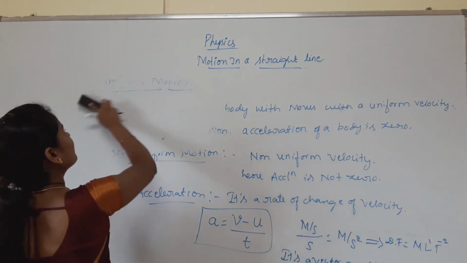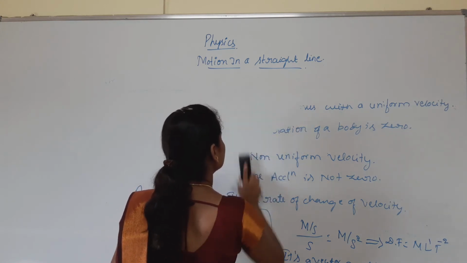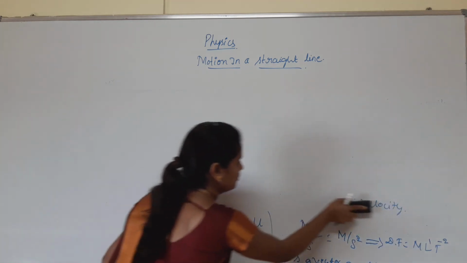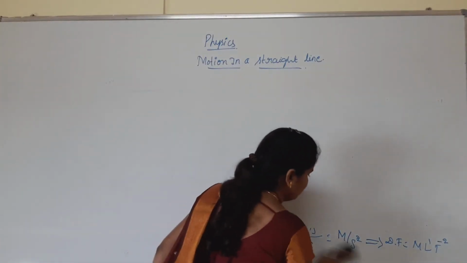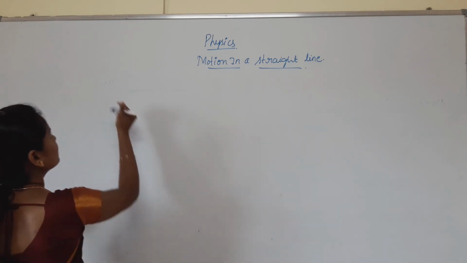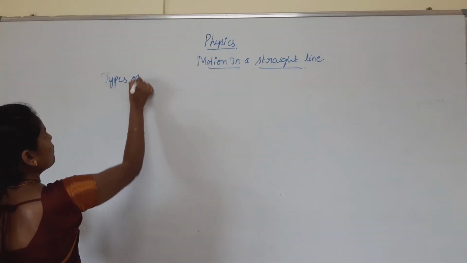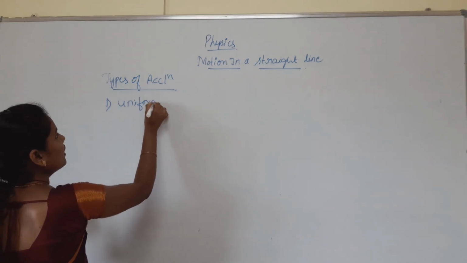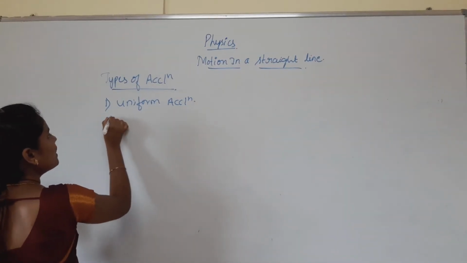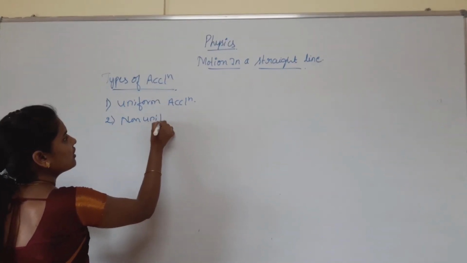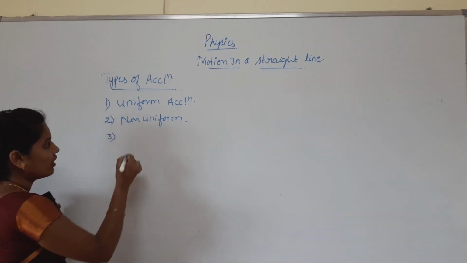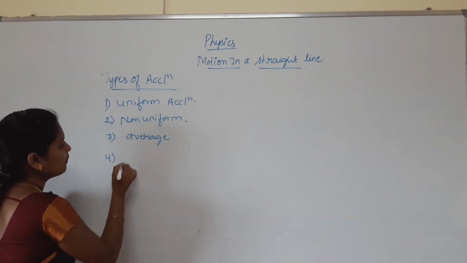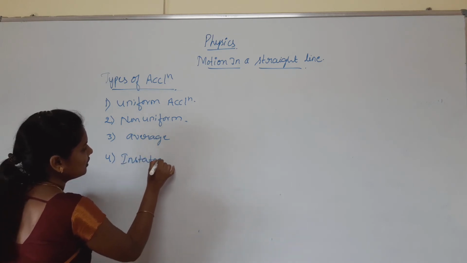The first one is uniform acceleration, the second one is non-uniform acceleration, the third one is average acceleration, and the fourth one is instantaneous acceleration.